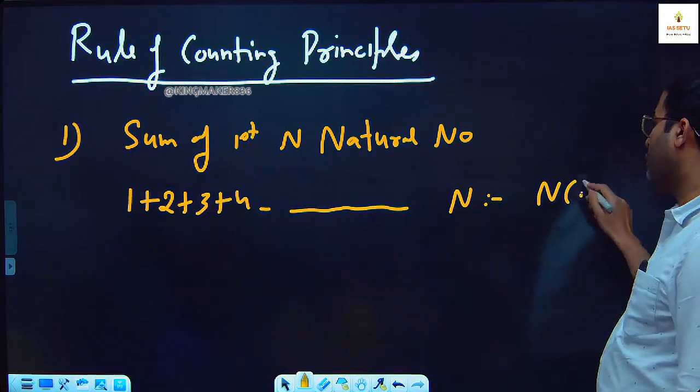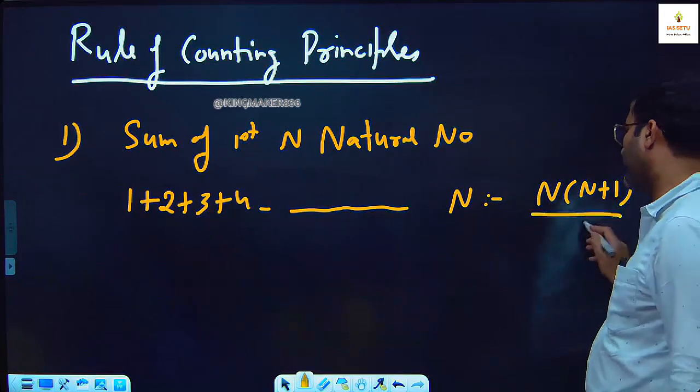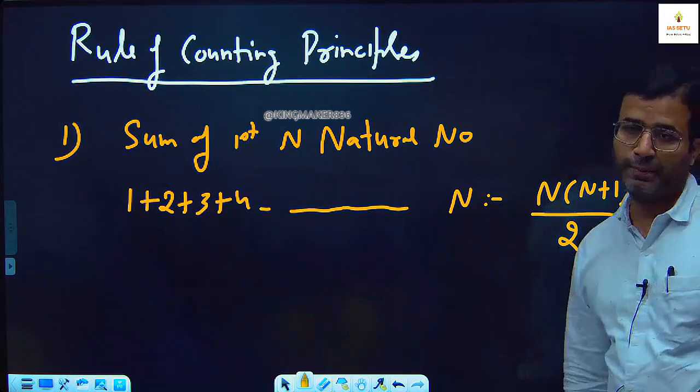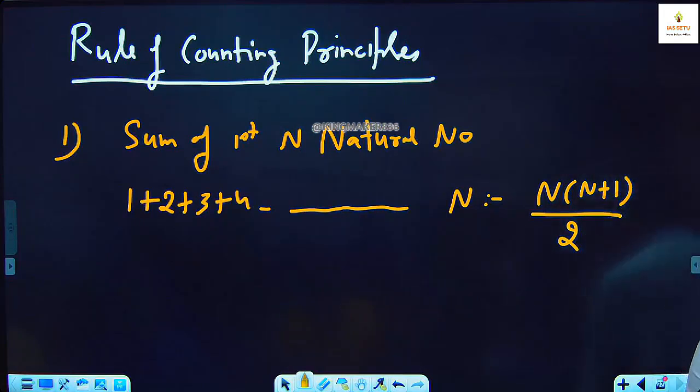N into n plus 1 divided by 2. The sum of first n natural numbers is n into n plus 1 divided by 2.